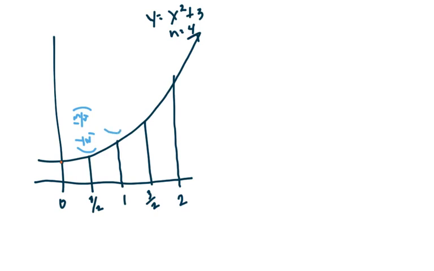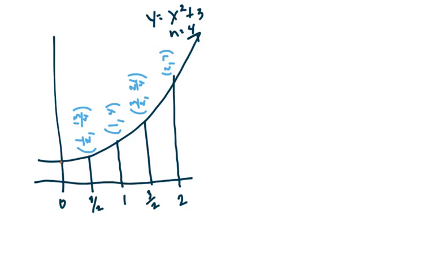So fill in the rest of those points. 1 squared is 1, plus 3 is 4. 2 squared is 4, plus 3 is 7. That's the easy one. 3 halves squared is 9/4, plus 12/4 is 21/4.